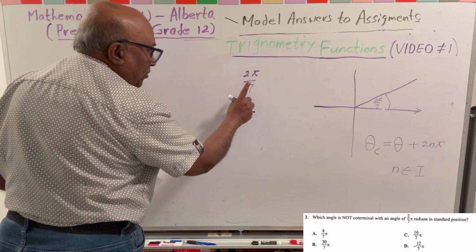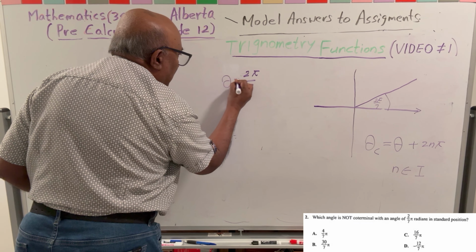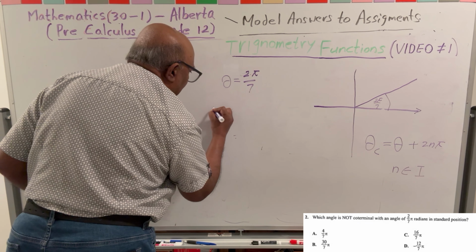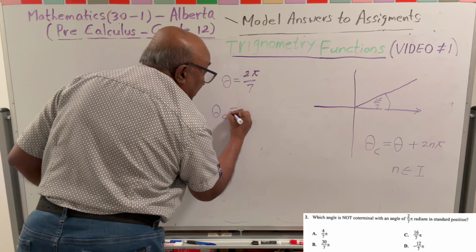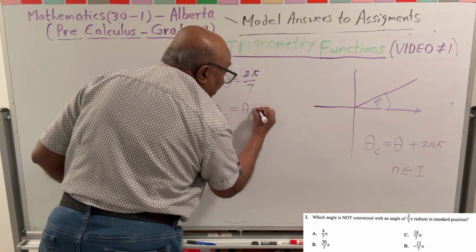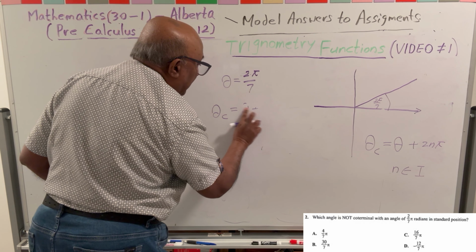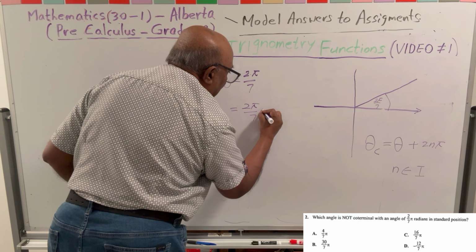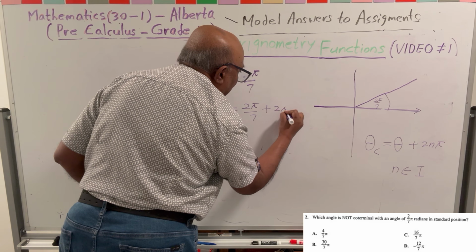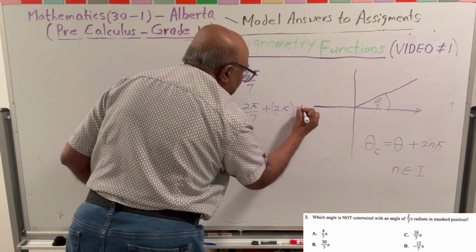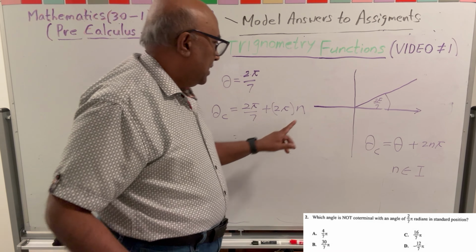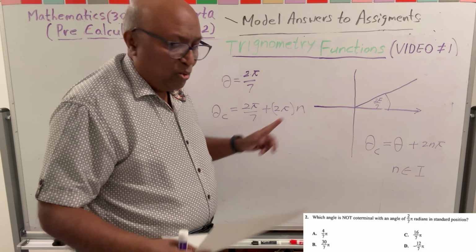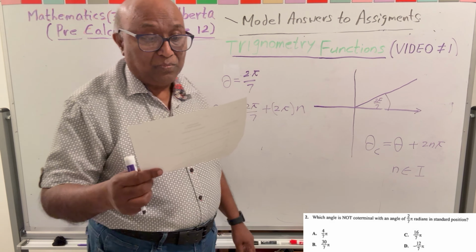What about this angle? For this angle, theta equals 2 pi by 7, the coterminal angle is theta plus 2 pi multiplied by n, that is 2 pi upon 7 plus 2 pi n. Okay, let's substitute some values and check the answers.